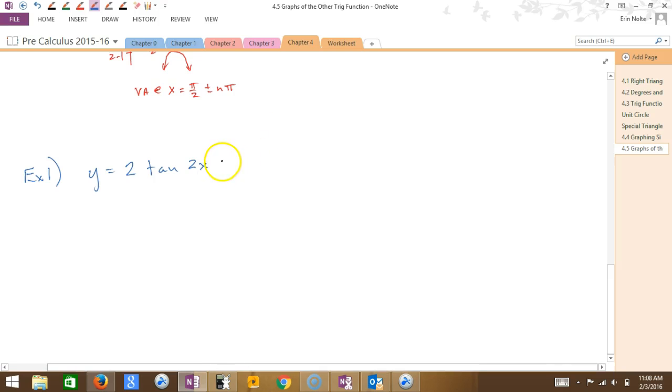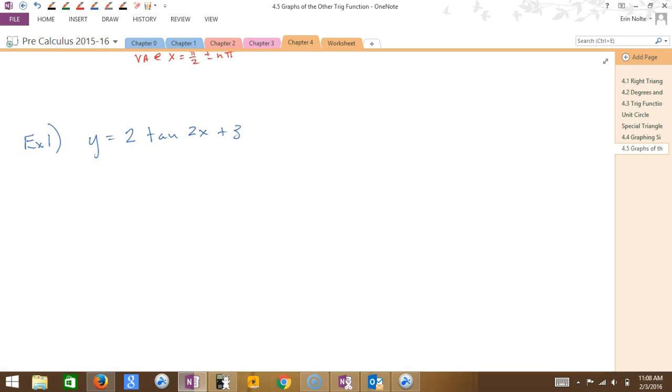Let's add it. Let's make it a little bit more fun. Plus 3, because that's not too hard. The range of the secant function was it? What was the range? Secant and cosecant are the same, so from negative infinity to negative 1, and from 1 to infinity.